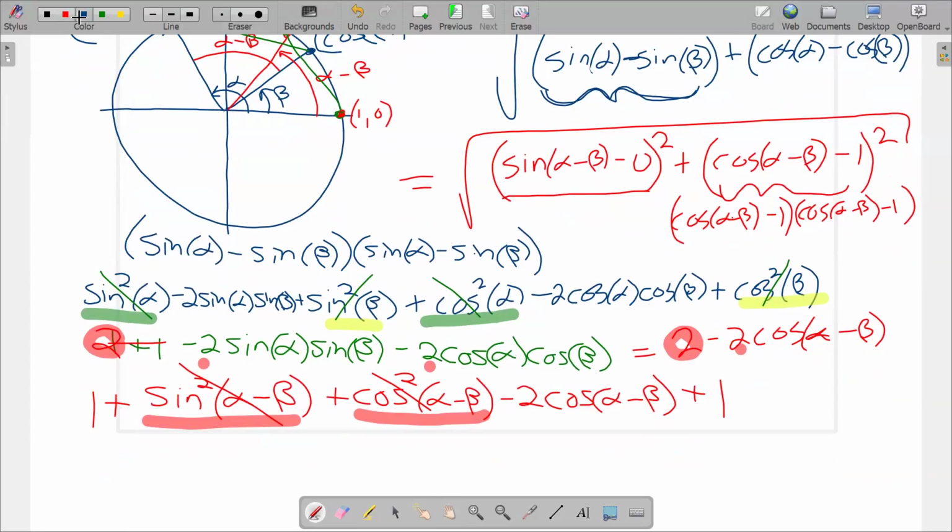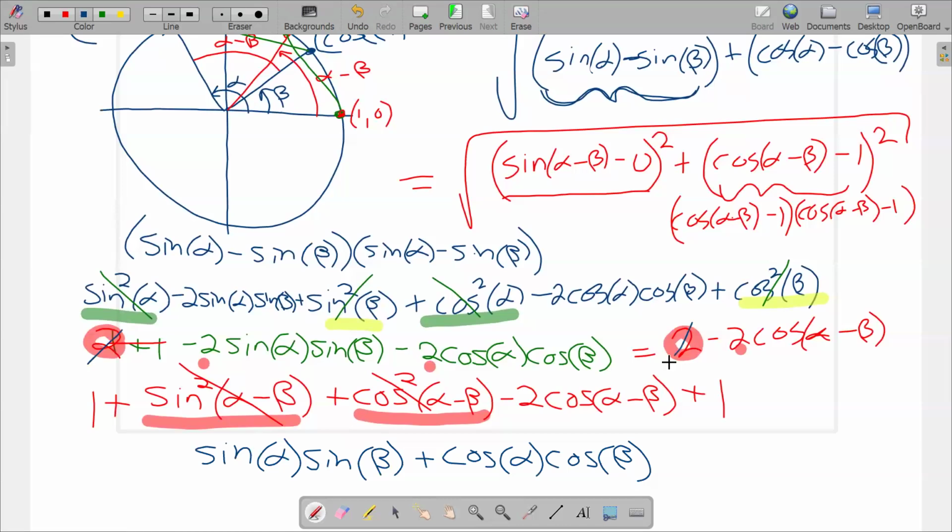On the left side, after I subtract 2 and divide by -2, I'm going to have a sine of alpha, sine of beta. I divided by -2, so I'm going to have a plus cosine alpha, cosine beta.